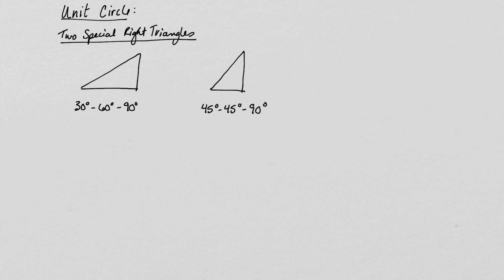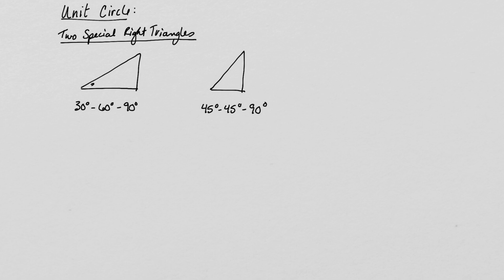Those two special right triangles are, one is called the 45, 45, 90 triangle, and the other is the 30, 60, 90 triangle. What these numbers are referring to are the degrees of the angles.